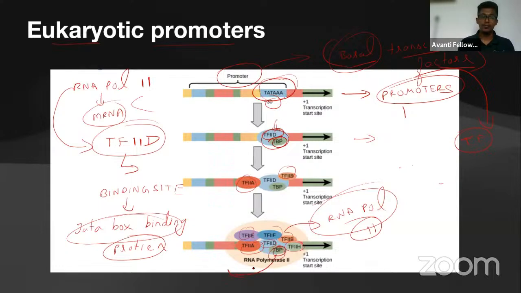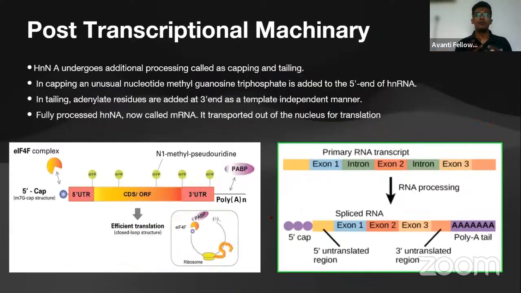It will move away like your sigma factor. So once it moves away, this whole complex will form a functional machinery, and then it will jump from your promoter sequence to your structural gene. From then onwards, the synthesis of your mRNA will take place continuously.